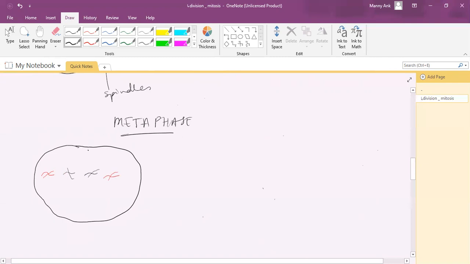Okay, they have your spindles attached to what you call the centromeres. Okay. So let's write some few notes down.